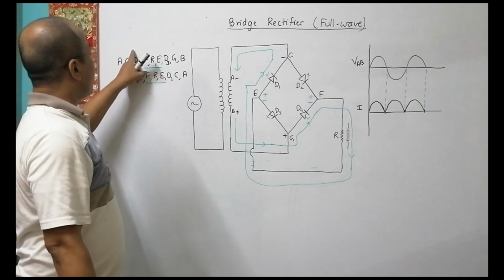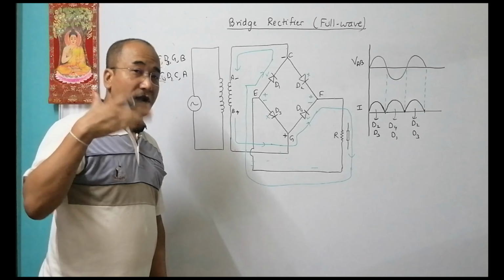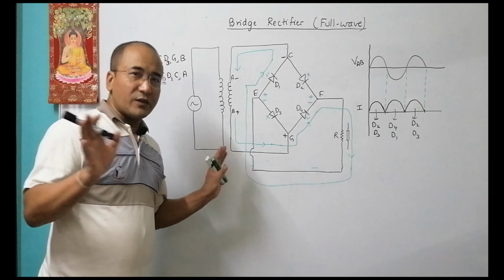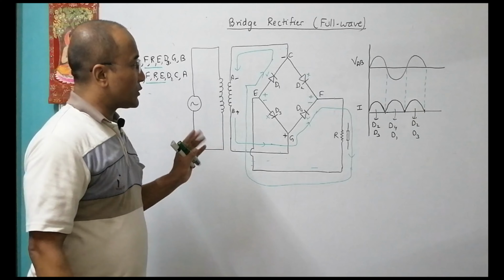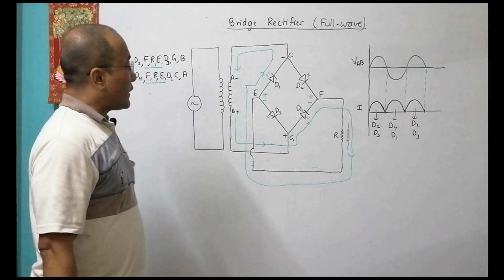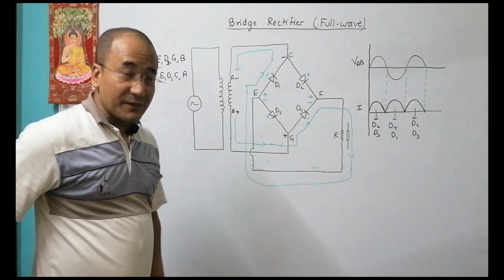Now what happens? Each diode will carry current for half wave only, or half cycle only. So in the other half cycle they rest, or let us say they do not allow current. So they are working only half a cycle in each cycle. And if I look at this resistor R here, current is always in the same direction.